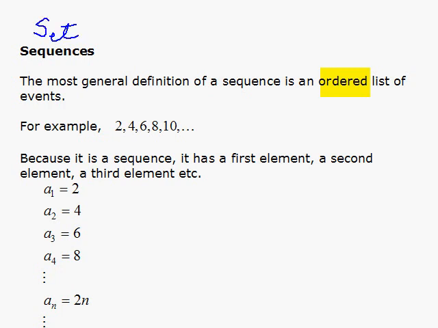A set has no order, it's just a group of events, items, whatever. The sequence is the same as a set, except it has order. By order, I mean that if this is an example of a sequence, then the 2 is first, the 4 is second, the 6 is third, etc. This would be a different sequence.